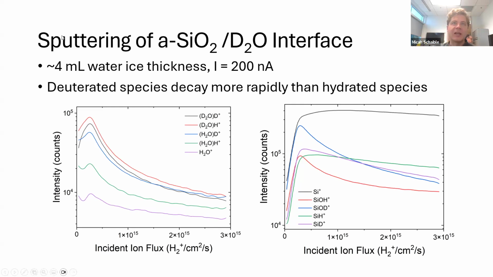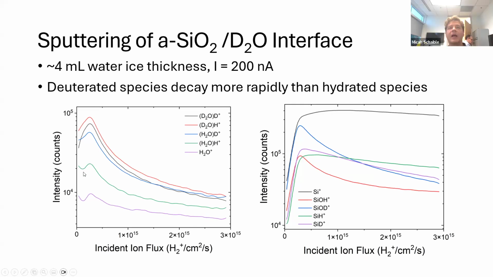What we're seeing here is an indication that there's some sort of electronic transfer interaction at that interfacial layer that facilitates the formation of a secondary ion. This doesn't necessarily mean that the total sputtering yields are changing, just that the relative abundance of secondary ions is changing at that interfacial region. Okay, gotcha. Thanks. Does that make sense?